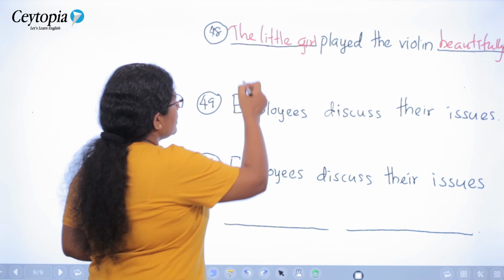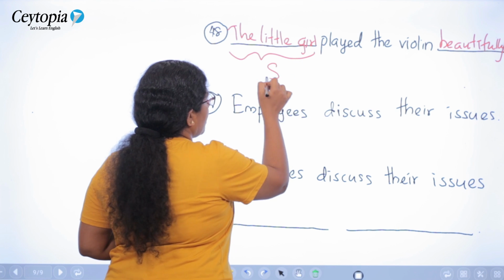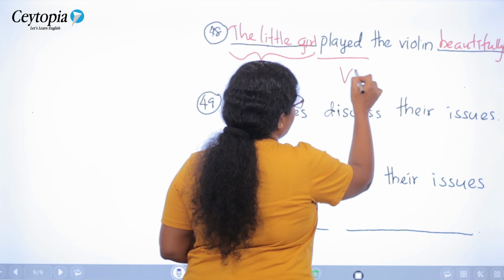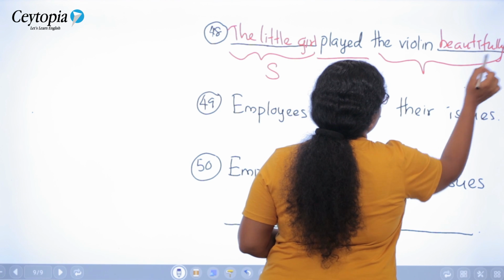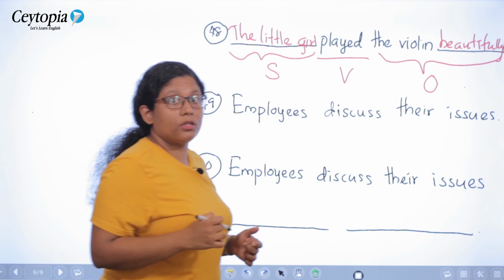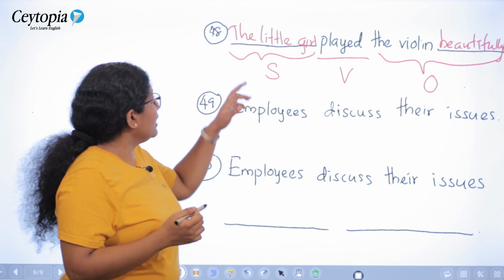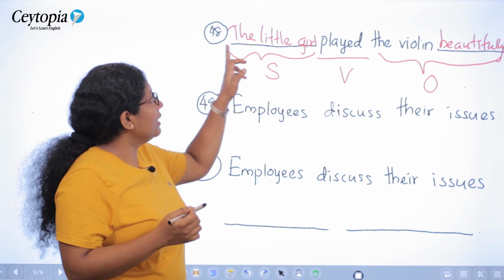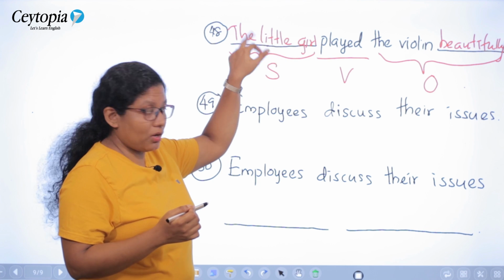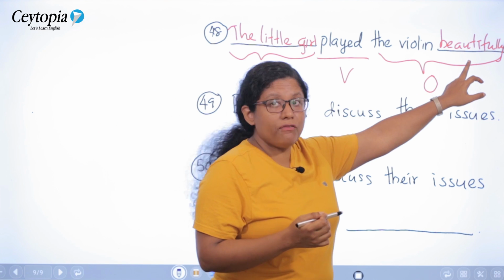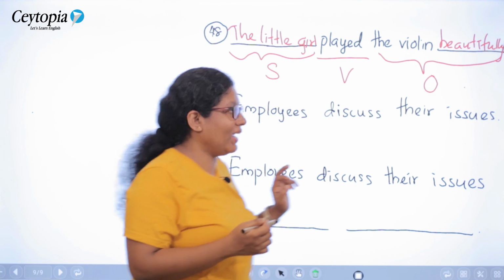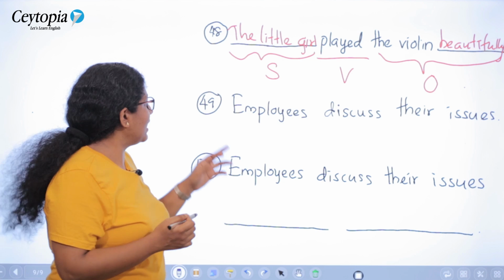Let's mark the subject here. The little girl subject, played verb, the violin beautifully, your object. But you have many additional words. In this case you have an article and little, an adjective, and you have an adverb beautifully, right? You have a lengthier sentence.